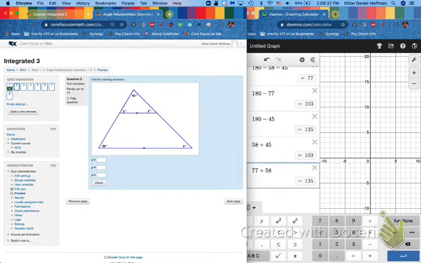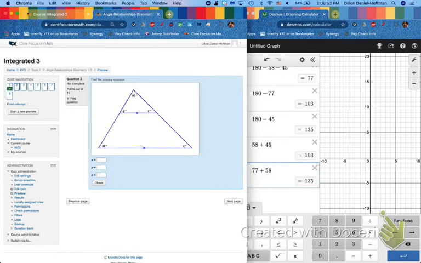Okay, integrated 2, we learned about parallel lines, these two lines that have these arrows on them. That means they're parallel, they go on forever, they never touch. And if we cut them with a diagonal transversal, and both this and this really are transversals, we learned that there's a word for the angle pair that gets formed. Do you remember?